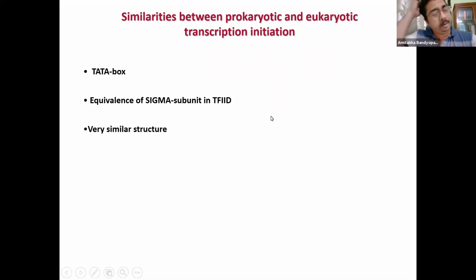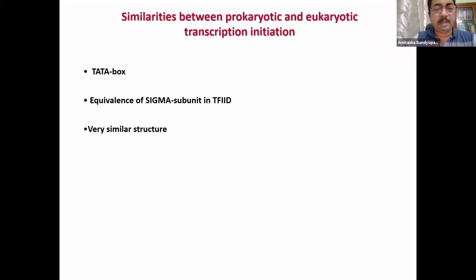But in eukaryotes, there is a completely different general transcription factor called TFIID. Both the sigma subunit and TFIID are the proteins that actually make contact with the promoter, the TATA box. There is not exact similarity: the sigma subunit is part of the RNA polymerase in prokaryotes, while in eukaryotes, TFIID is a separate protein complex altogether. It is not part of the RNA polymerase, but it performs the same function.